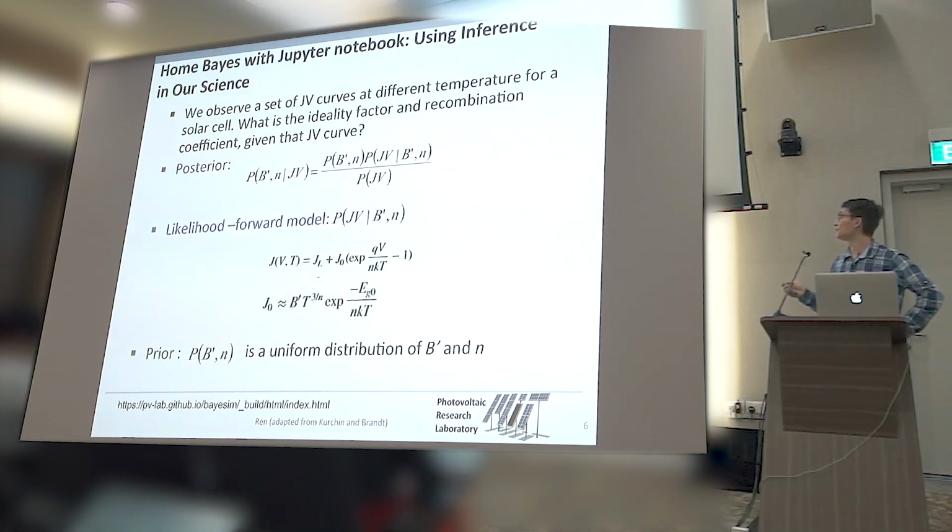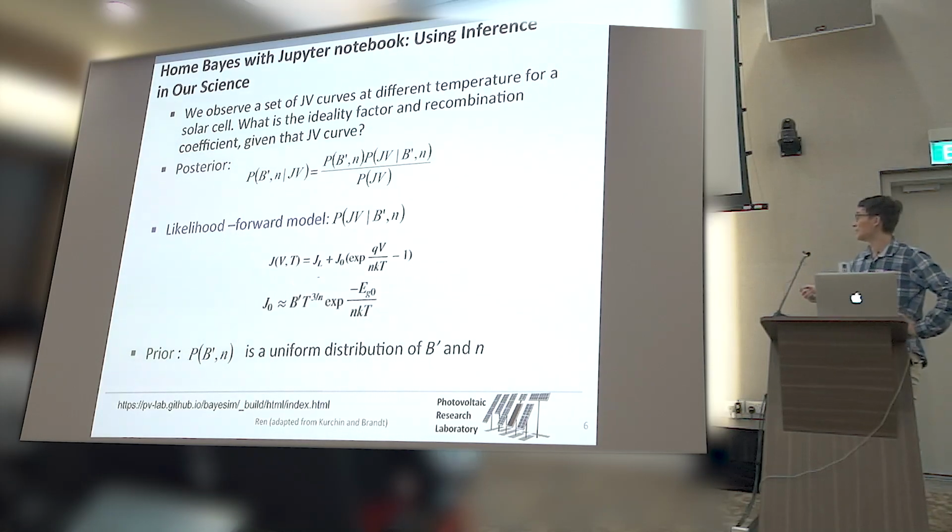For this workshop, we will just use a standard ideal diode model to model these JV curves. For those who are familiar with semiconductor physics, this will ring a bell. But later I will explain in detail, or maybe I can explain this bit by bit.